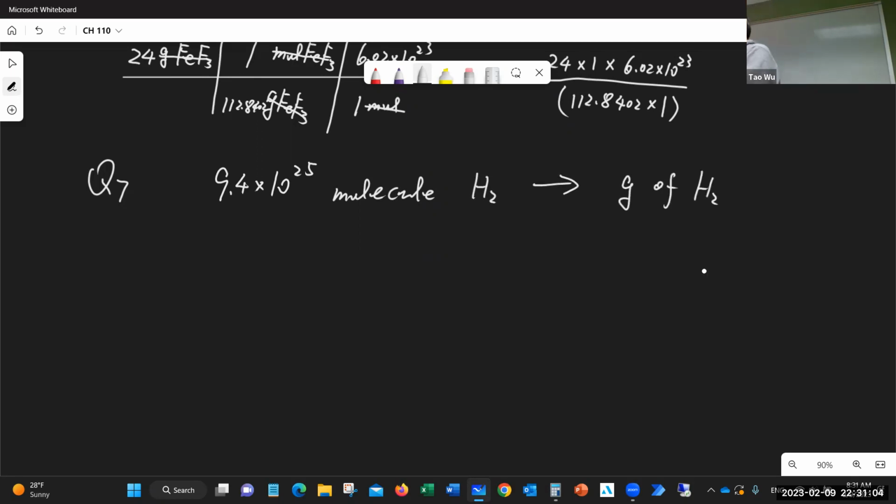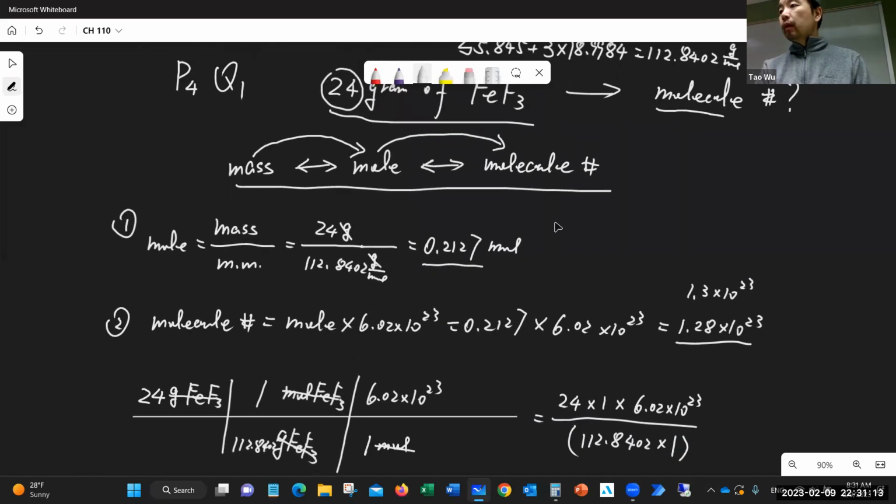Okay, so it's the same thing. Since we have the number of molecules, based on the map that we showed above, you have to convert that to moles and then convert the moles back to the mass. So mole is a very important concept. It connects quite a lot of things.